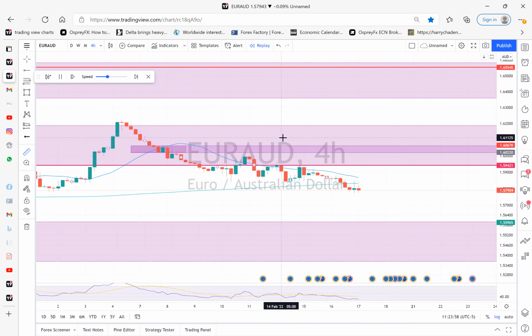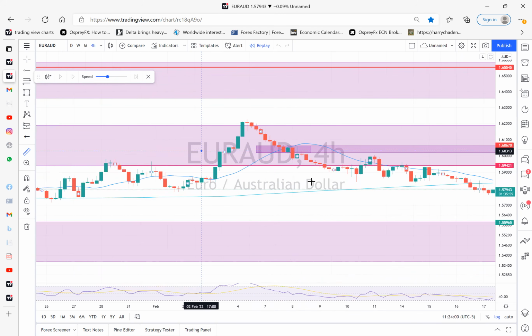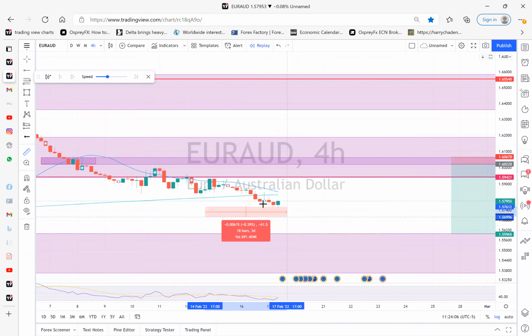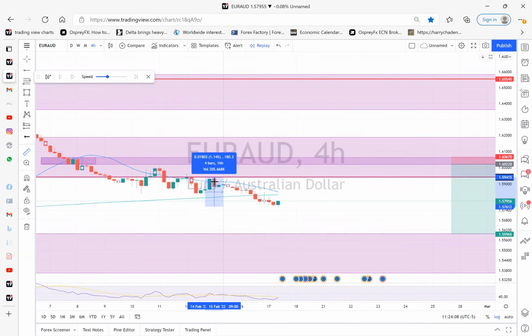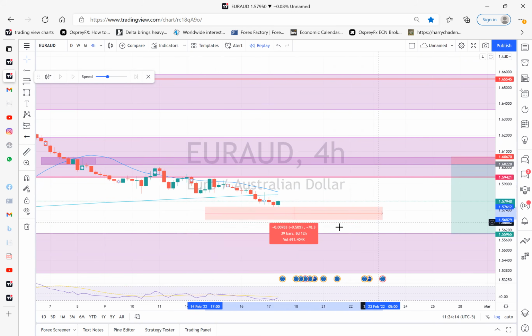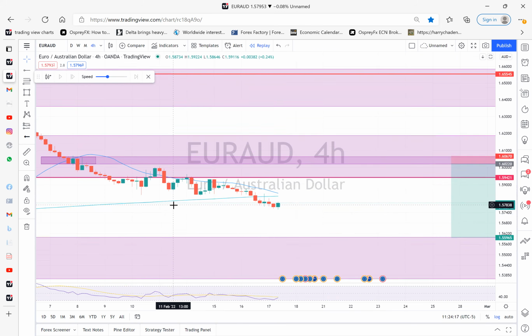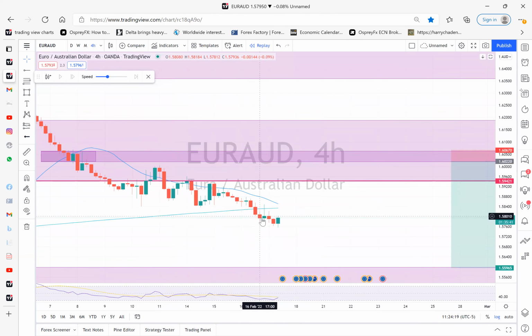So now that everybody is cool, the trade didn't tap into the order block like we thought it was going to tap in. But it allowed us to get into the trade right here. So I know these don't look like big dips in the trade, but this move right here happened, I want to say yesterday.